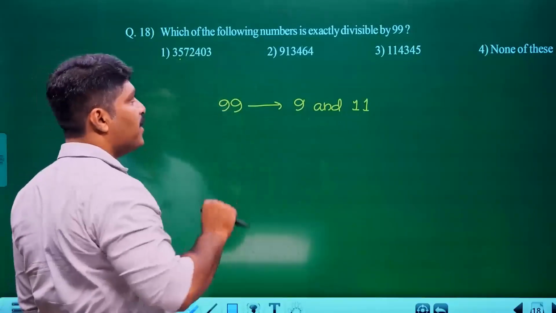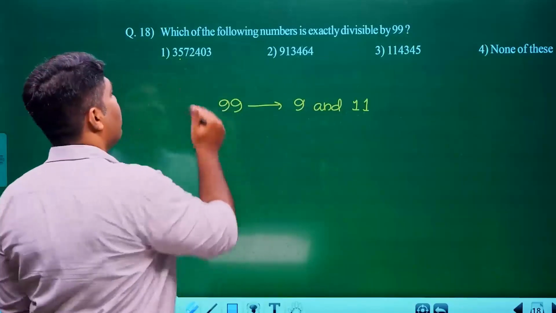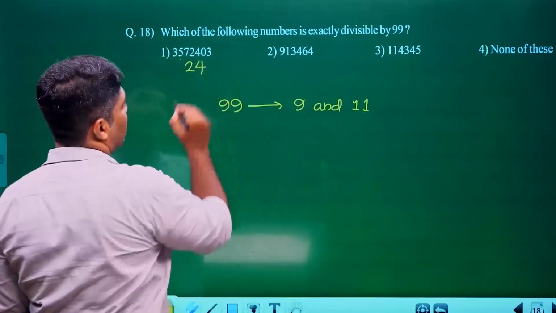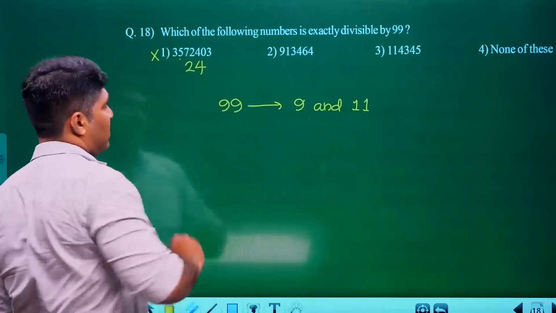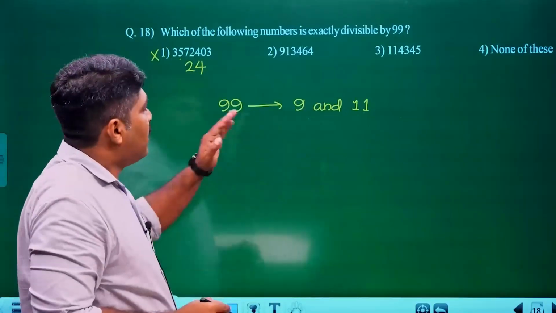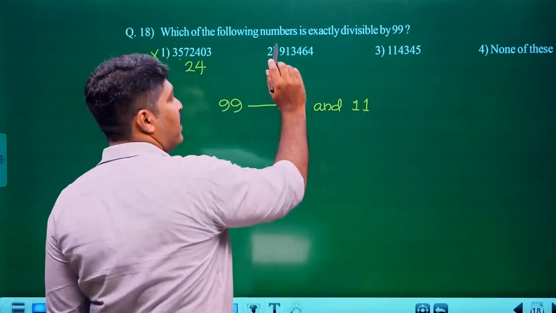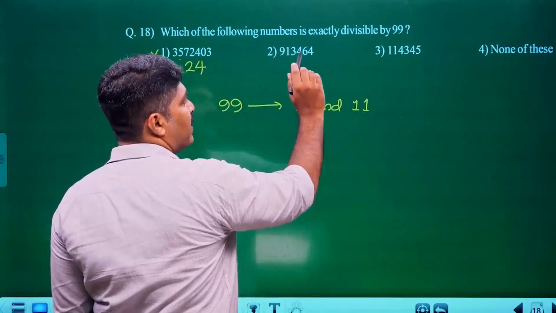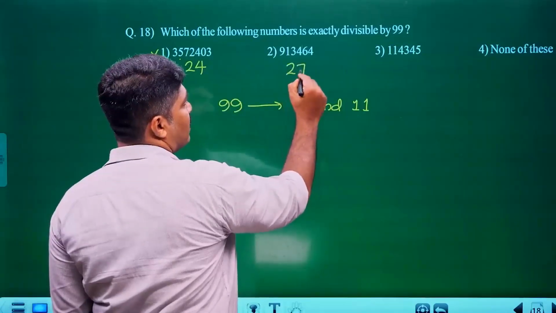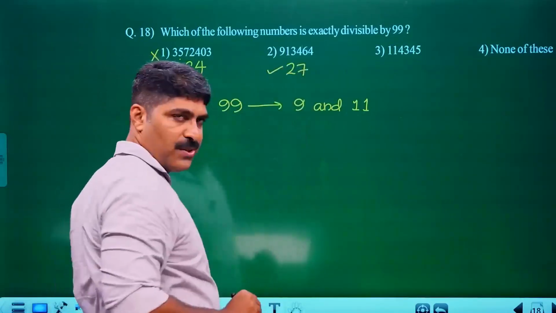Plus 4, 21. Plus 3, 24. Here the sum is 24. It is not divisible by 9, therefore this is not the answer. Got it? The second one, 9 plus 1, 10, 13, 17, 23, 27. Yes, it's a multiple, so there is a chance.